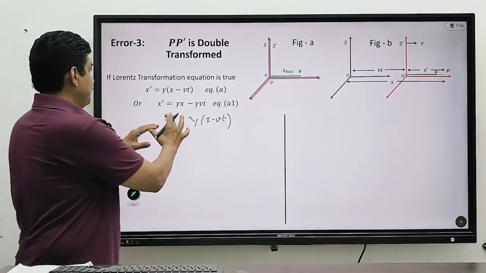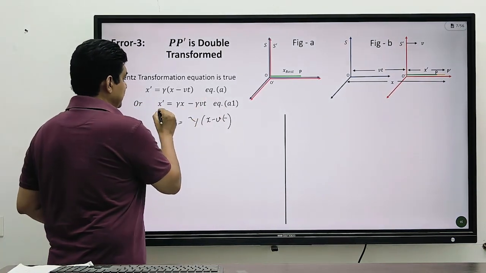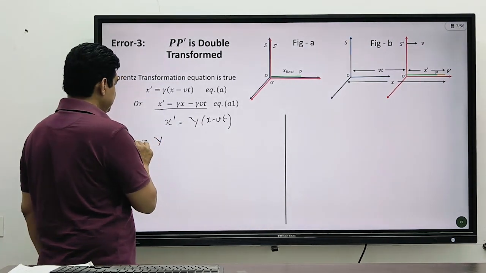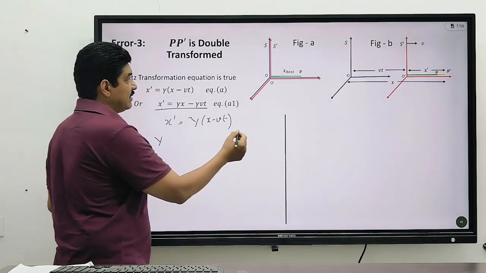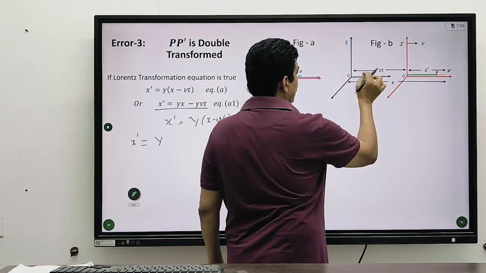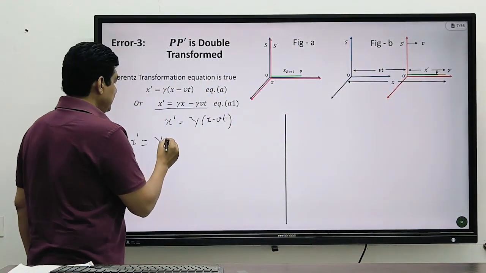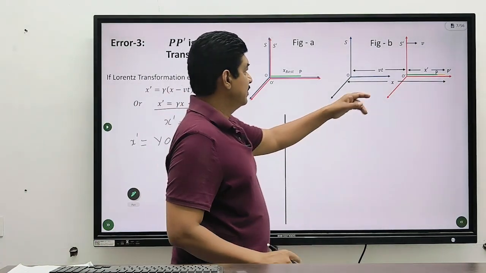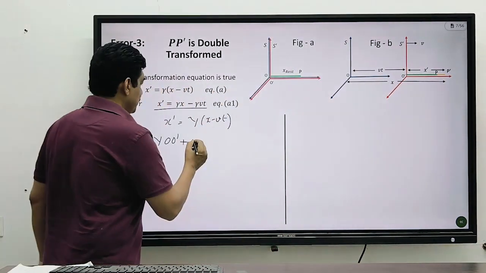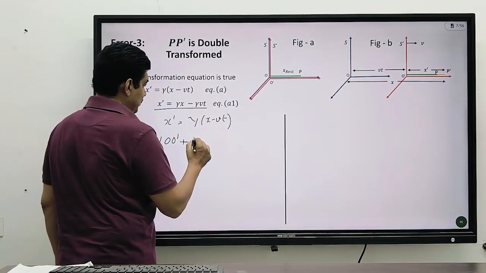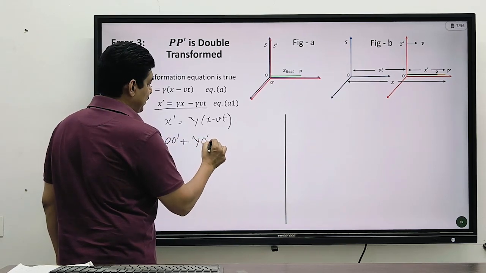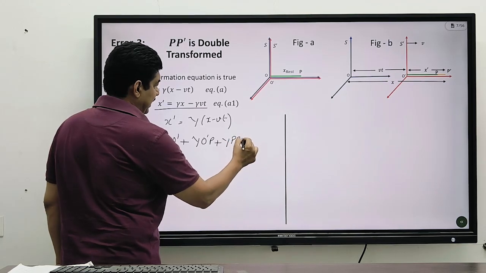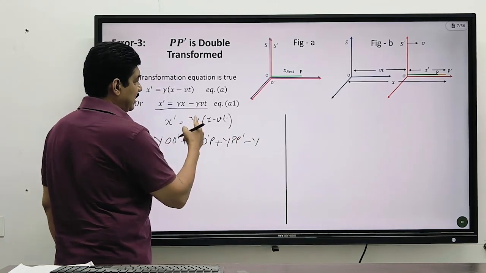Now, if we extend this equation by multiplying gamma, so gamma x prime is equal to gamma x. x is what? O prime plus O prime P. We multiply gamma with this also. So gamma O prime P plus gamma P prime, minus, we multiply gamma with Vt.